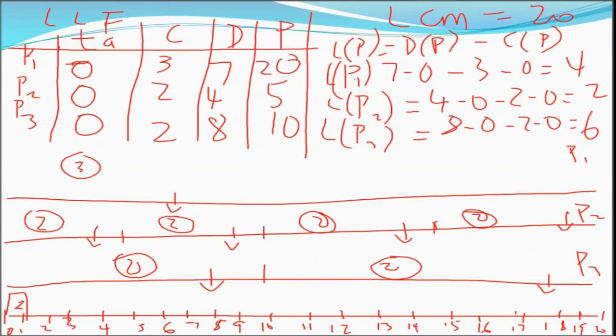No. This is where the process has reached. So the starting point now changes to 1 for all of them. Now, if you are calculating LP1 for the next laxity determination, LP1 is equal to what? 7 minus 1 minus 3 minus 0. Equal to what? Yes, so let's calculate that.